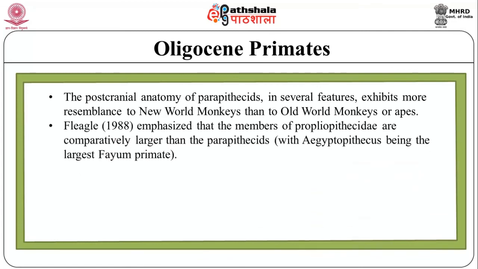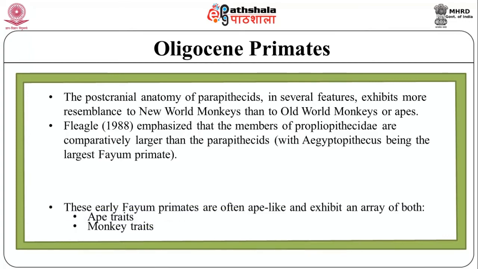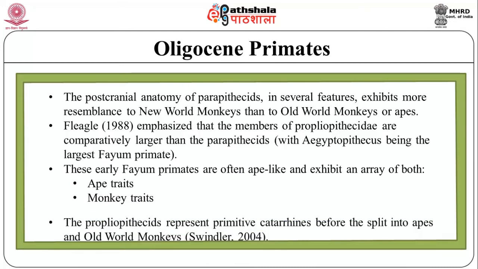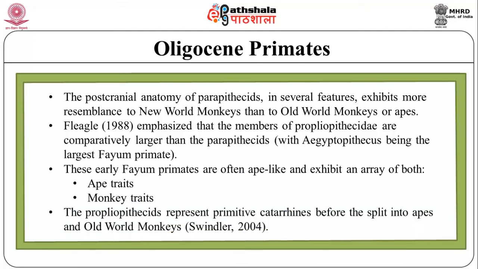Then Fleagle in 1988 emphasized the members of Propliopithecidae are comparatively larger than the Parapithecids, with Aegyptopithecus being the largest Fayum primate. These early Fayum primates are often ape-like and exhibit an array of both ape and monkey traits. The Propliopithecids represent primitive Catarrhini before the split into apes and Old World monkeys.